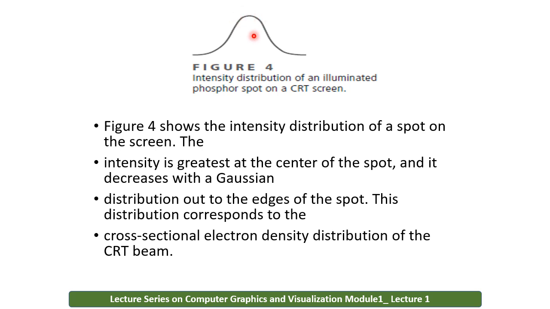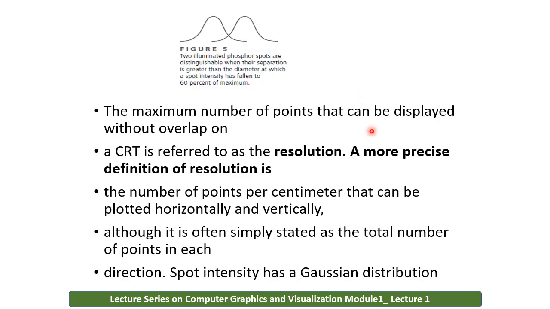Intensity is greatest at the center of the spot and it decreases with a Gaussian distribution out to the edges of the spot. This corresponds to the cross-sectional electron density distribution of the CRT. It depends upon the maximum number of points that can be displayed without overlap. This is referred to as the resolution of a CRT.